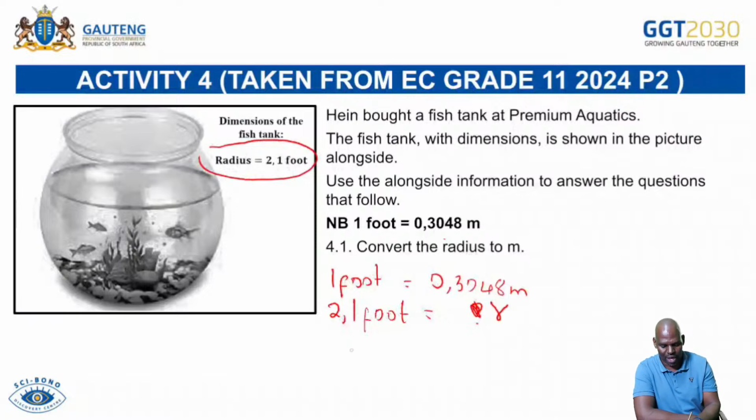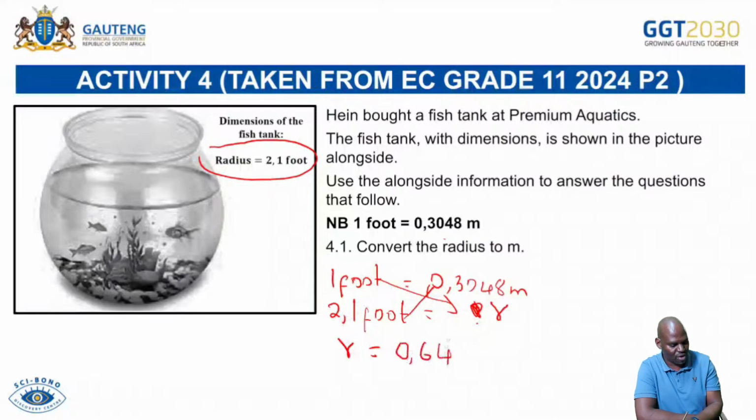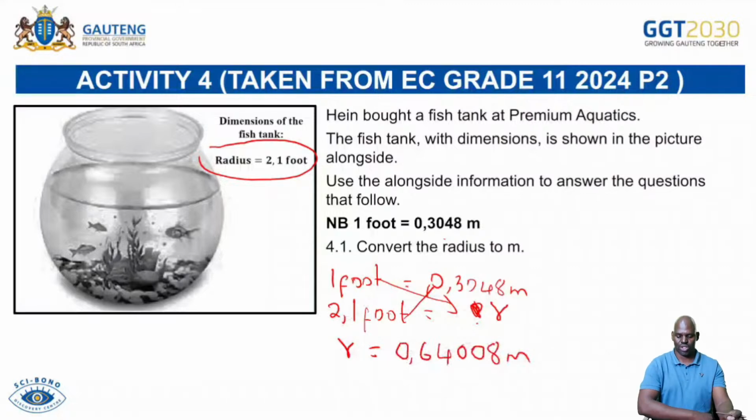So when we cross multiply, r multiplied by 1 is r, and 2.1 multiplied by 0.3048. Let's see, I'm getting 0.64008, and it is now in meters. 0.64008, that is our radius in meters.